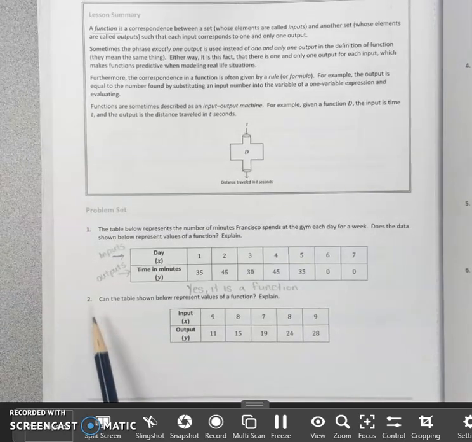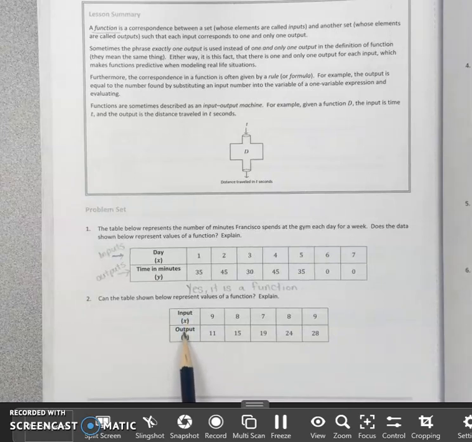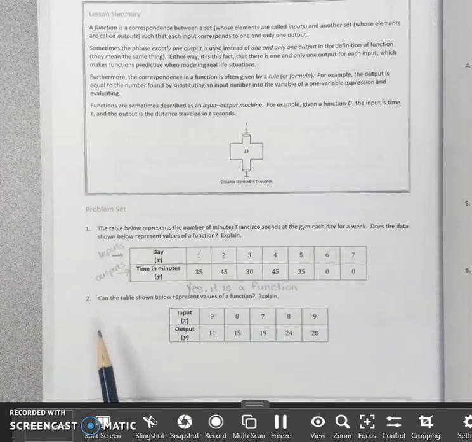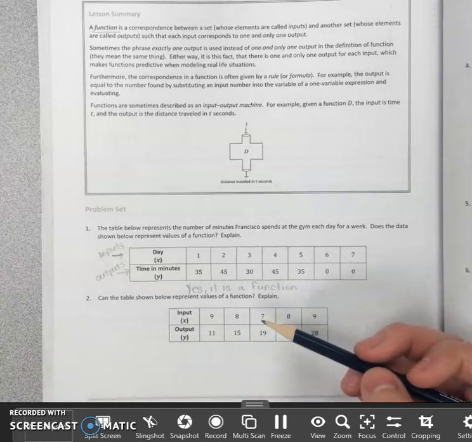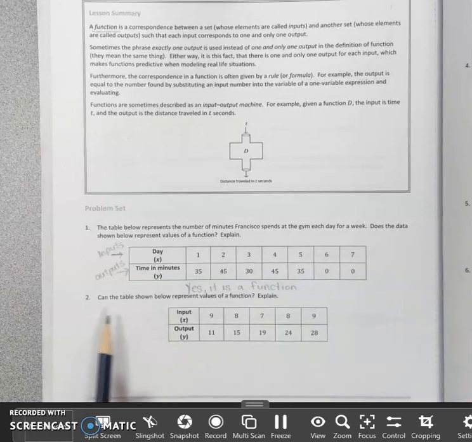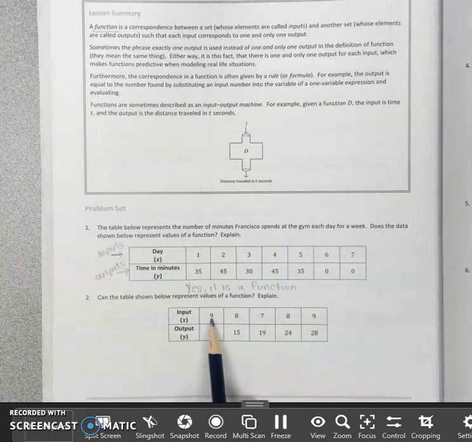Number 2, same thing. We're looking at our inputs here and our outputs here, and they were even nice enough to put input, output. So remember, our inputs need to be unique. Can the table shown below represent values of a function? Explain. Well, let's see here. I'm going to go with no. If you look here, you have an input of 9, output of 11, and then you have an input of 9, output of 28.